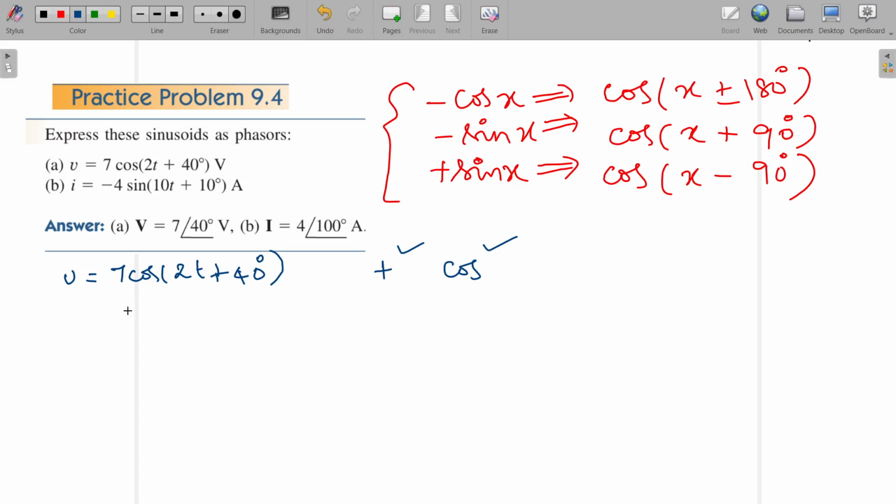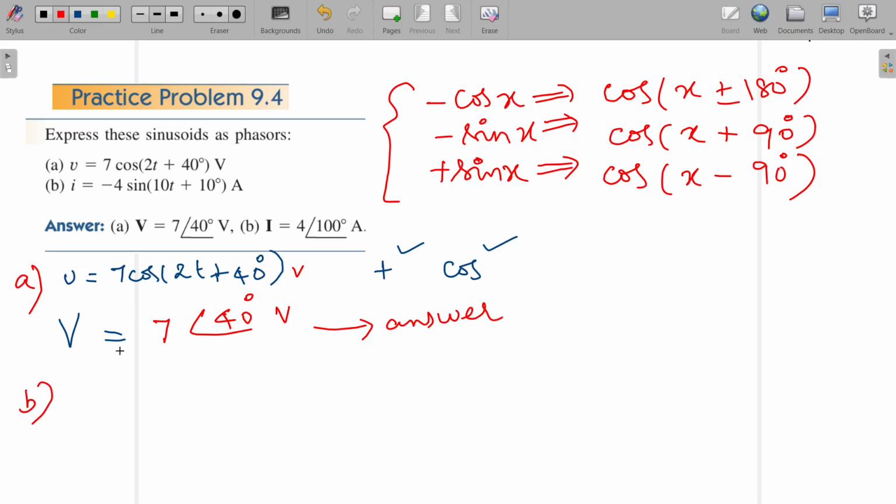So straight away we can write, in phasor form, capital V equals 7, which is your R, the magnitude, and then this 40 degrees is your phase. So you can write it as 7 angle 40 degrees volts. This is your answer. It's very simple, right?